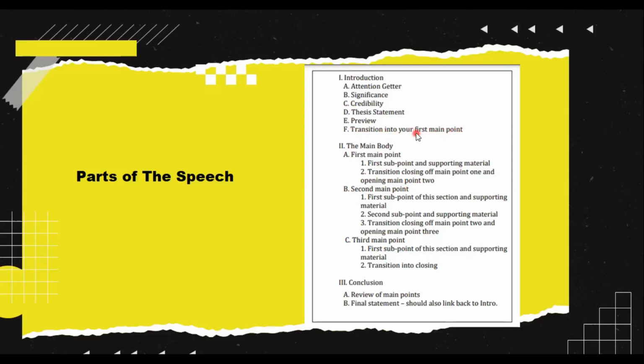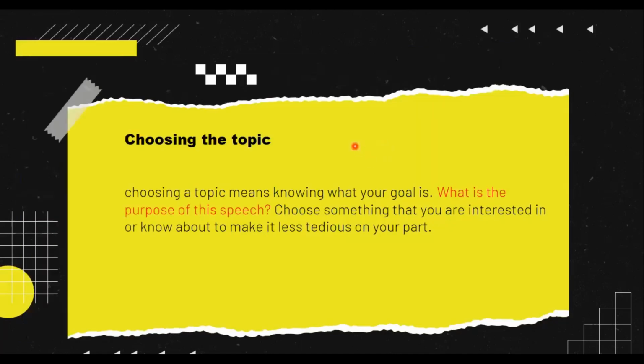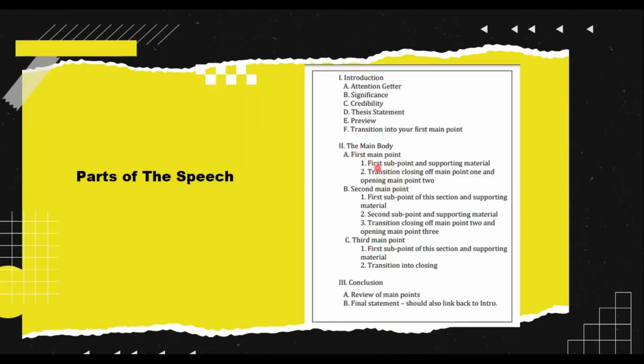So from the introduction, you will put a transition on your speech to the main body. Here, you're gonna put your first point on your speech, second point on your speech, and the third main point of your speech.